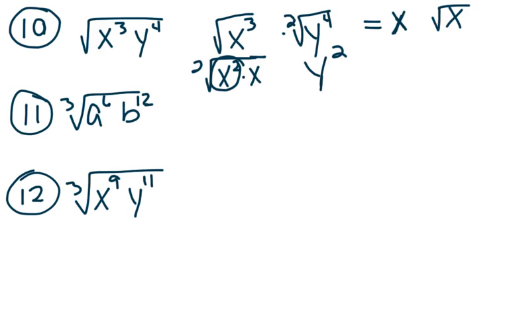The square root of this x squared gives me x. So that takes care of this, and then this y squared that we saw, we're going to put in front of that x, because that's just typically the way that we write that. Your square root's always going to be at the end.